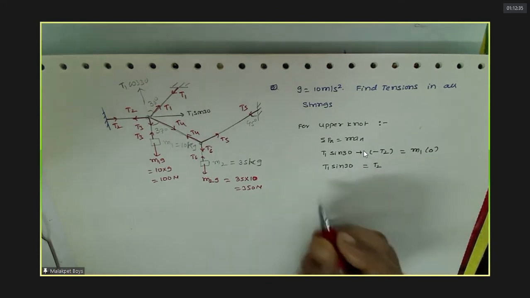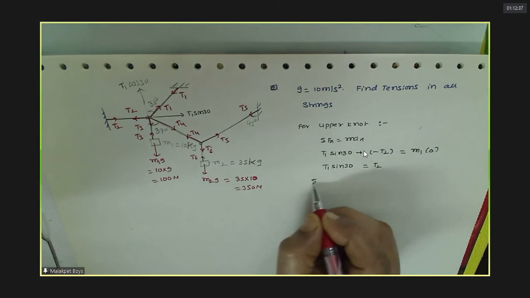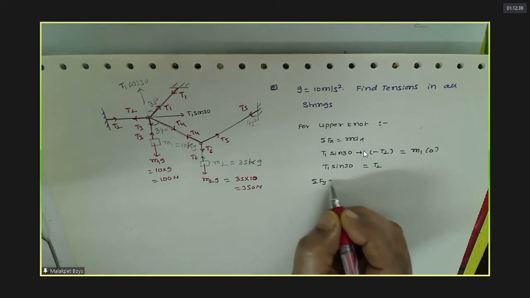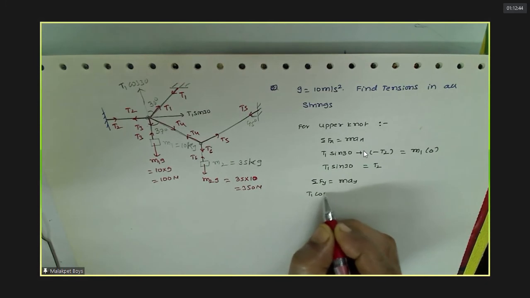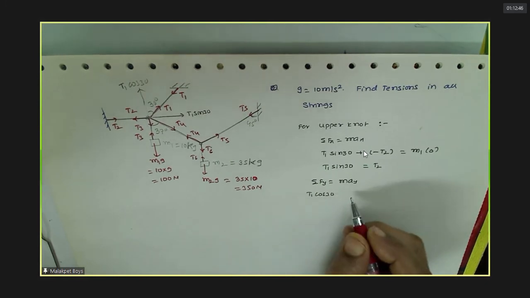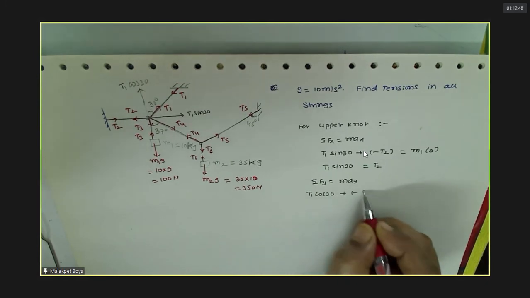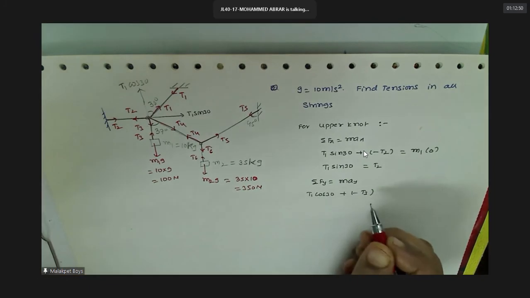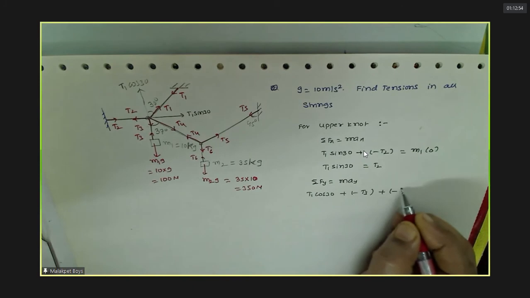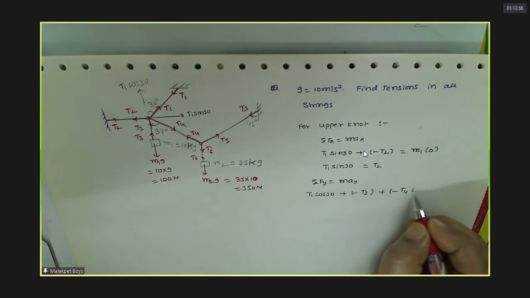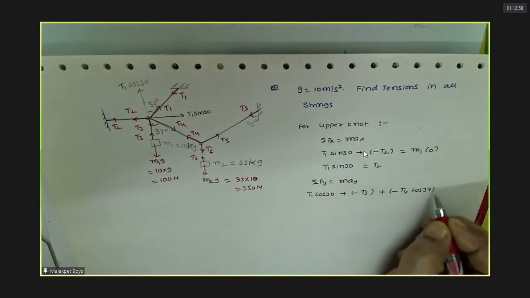Now sigma Fy: T1 cos 30, any other force minus T3. T4 also there, sir. Yes, I am writing that. Plus minus T4 cos 37. Hope you understood this now.